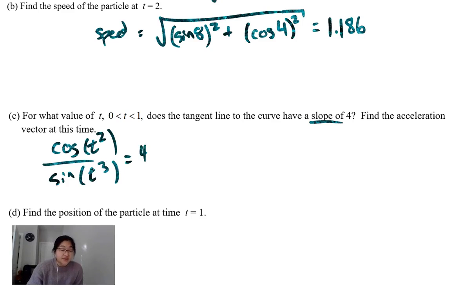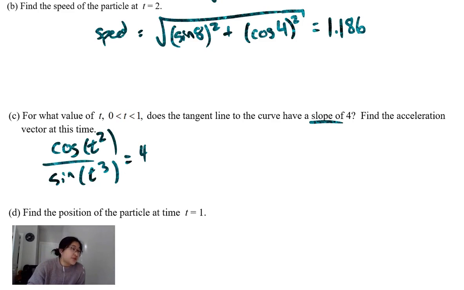And when is that going to happen? Do that in your calculator. Solve that probably using the y equals and plugging in 4, and then another y equals for cosine of t squared over sine of t cubed. Probably use x though. And then find the intersection of those two.